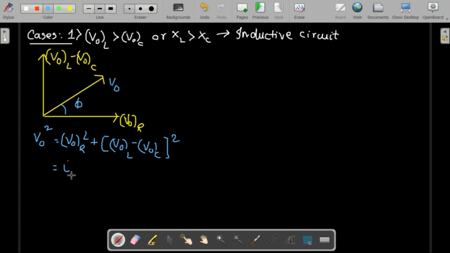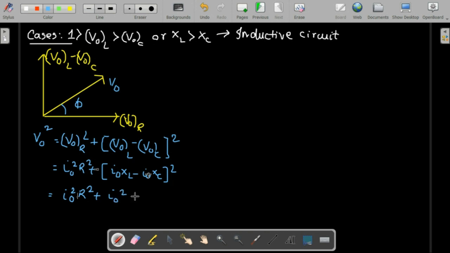So this is I naught square R square plus this is I naught XL minus I naught XC whole square. So we can take this as I naught square R square plus I naught can be taken out common.